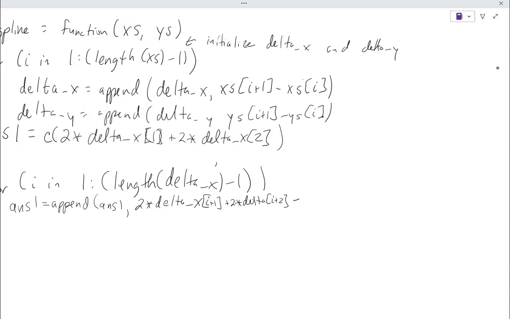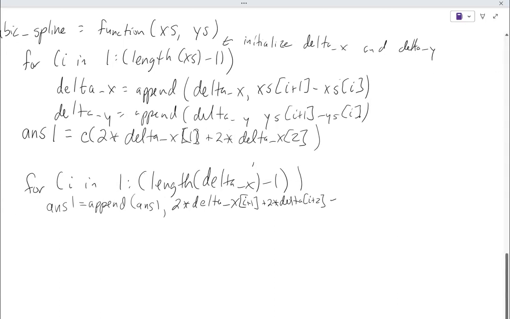And then what do we subtract off again? Okay. Delta x of I plus 1, right? The next one in the list. Times, I could probably just square it, right? Because it's the same value that we're using. And then divide it by what? Yeah, so we want to keep moving this along in the list, right?